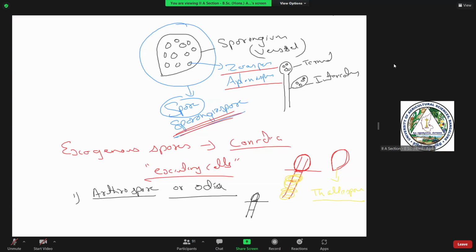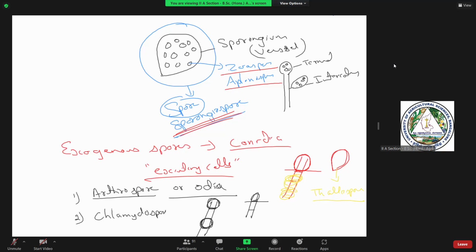The second type of the thallospore is the chlamydospore, which I already mentioned again. I would like to just say again that in one of the cells of the hyphae, the cell wall becomes thickened, either terminal or intercalary.